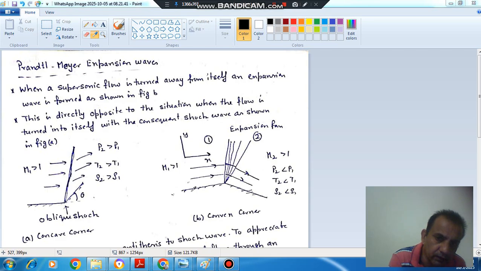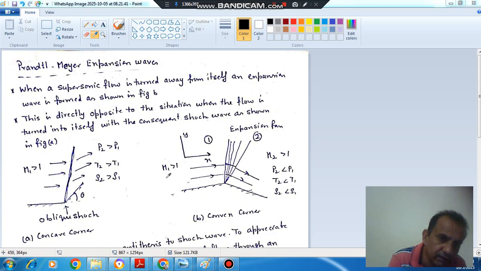Whereas in the case of expansion waves or expansion fans, the flow is turned away from itself. So this is the flow and it is turning away from itself. So this is your expansion wave, or as there are many waves, this is called an expansion fan. This is your concave corner, this is your convex corner.